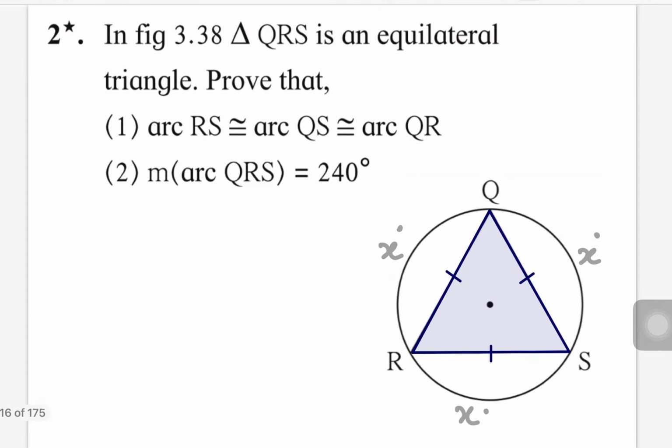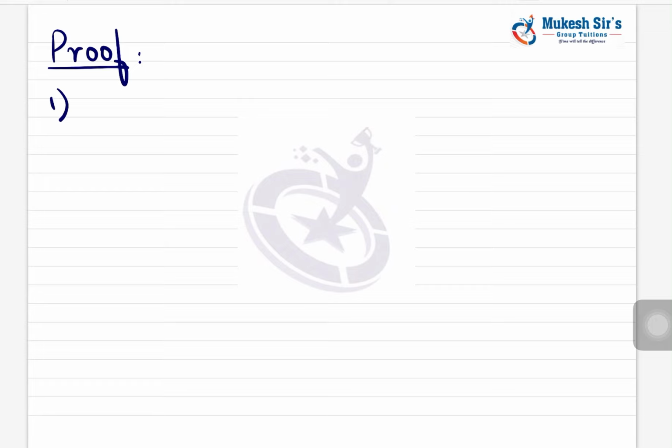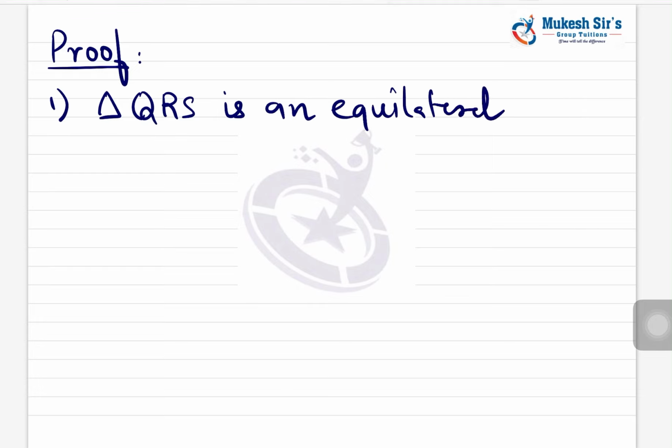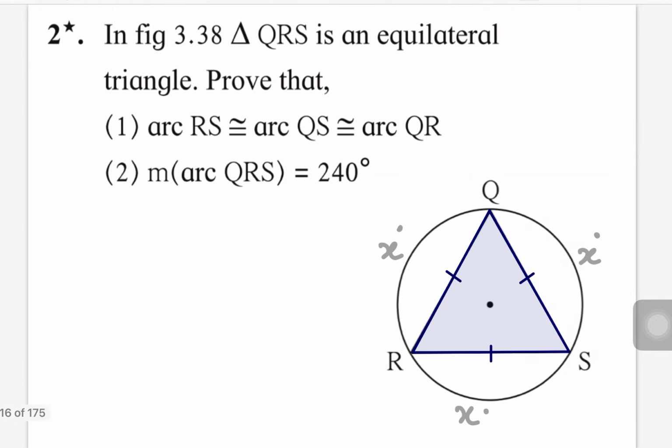So here you can say triangle QRS is an equilateral triangle. Given. Now it is an equilateral triangle, then the sides are equal, right?